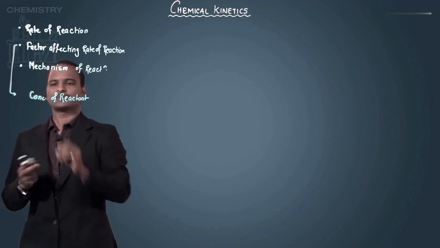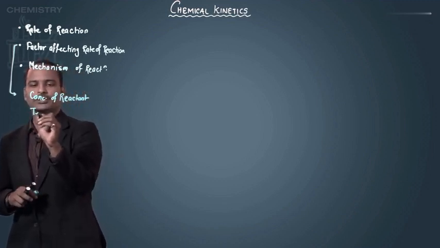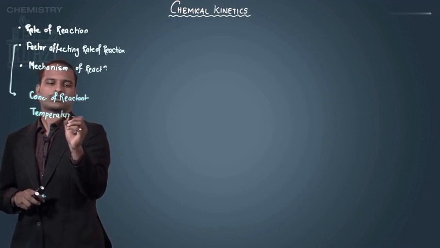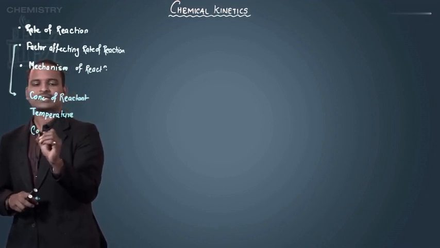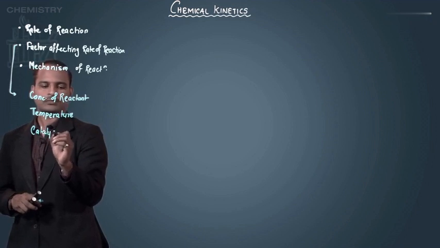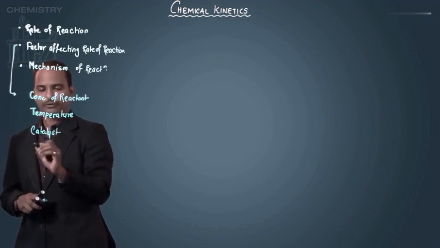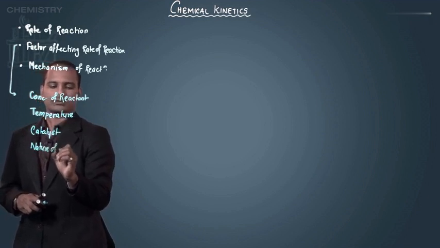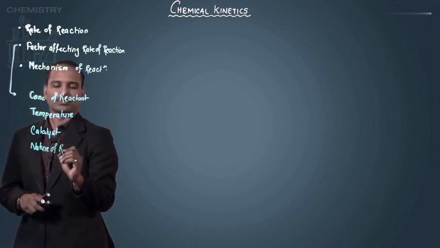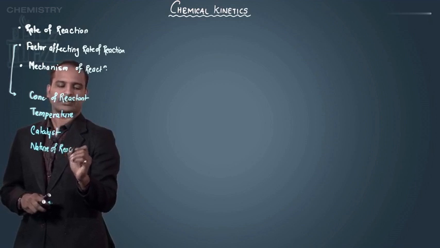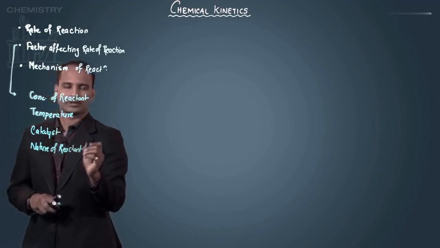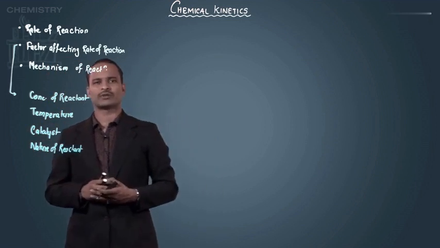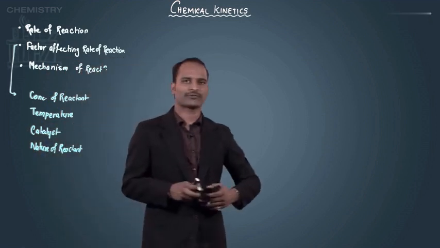The second factor is temperature. The third factor is catalyst. The fourth factor is the nature of reactant, whether the reactant is more reactive or less reactive, depending on the state and many things. So these are the certain factors which affect the rate of reaction.